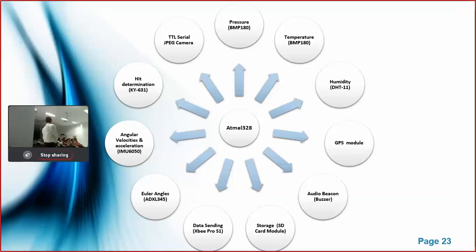For data sending, we use XBee Pro Series 1. We have Euler angles determination, angular velocities and accelerations, heading determination, and a TTL serial JPEG camera. All of them are the CANSAT sensors that we use.